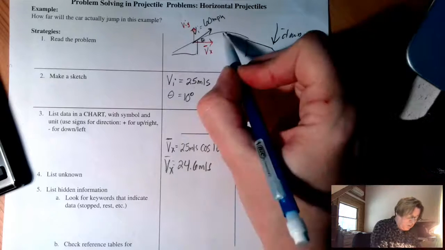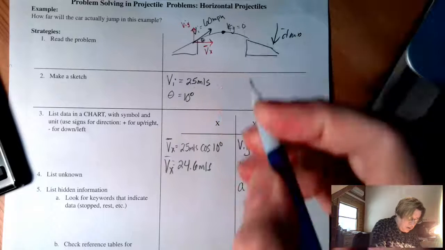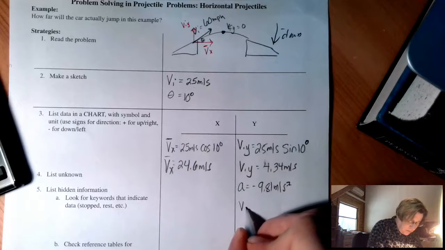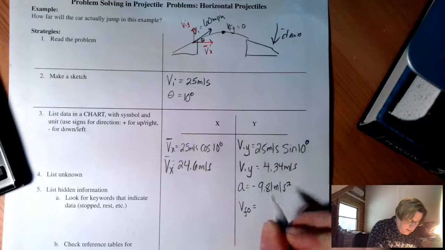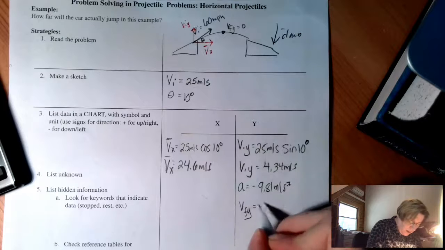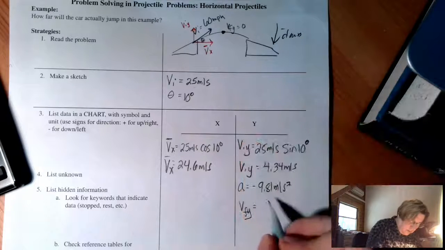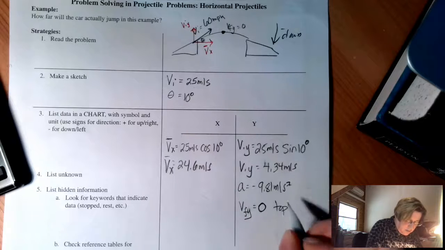You decide when final is, and I'm going to say that the velocity at the top, VFY, is 0. This is true for pretty much every projectile problem that we have in this class.